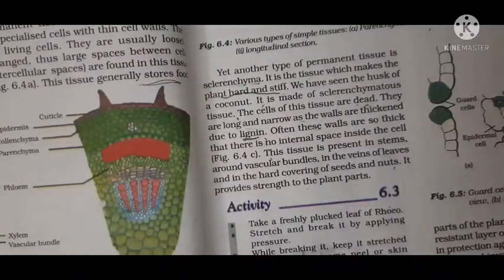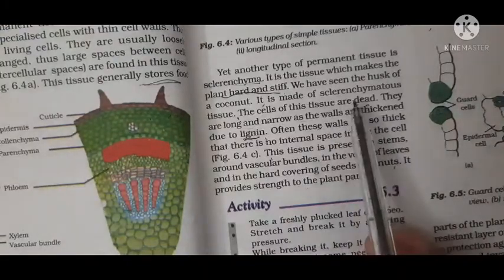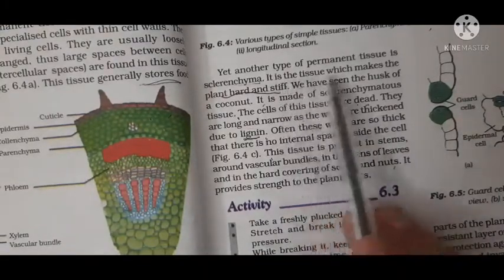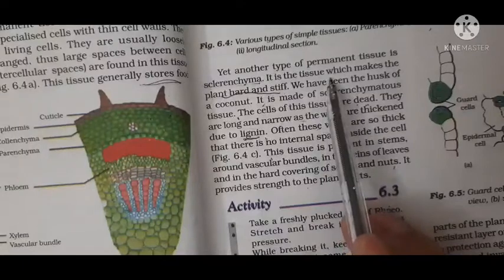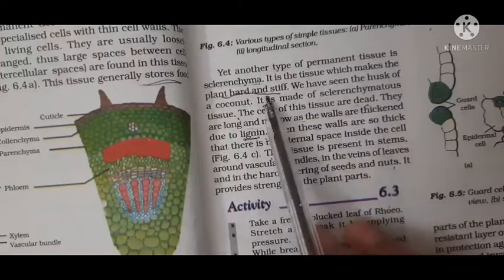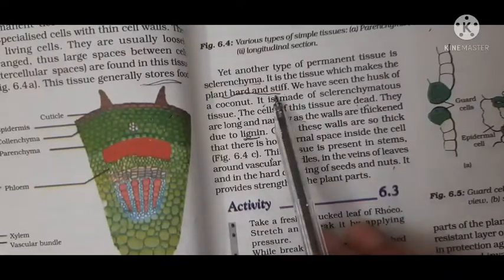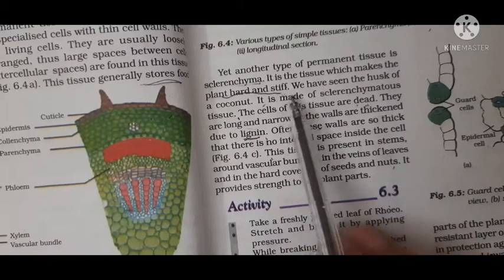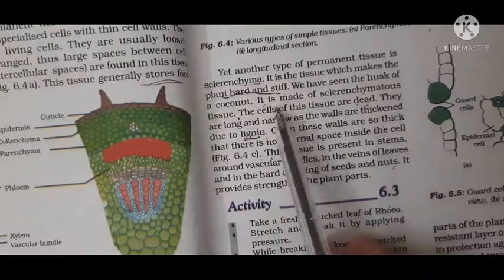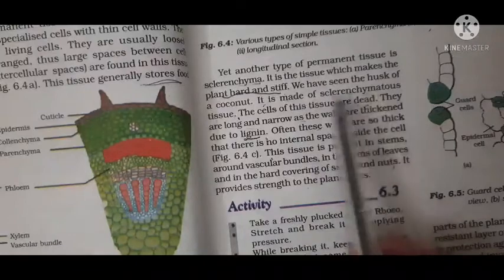So here also you can see sclerenchyma tissue. It is the tissue which makes the plant hard and stiff. So the plant is hard and stiff due to the presence of this tissue, and this is found in the husk of the coconut, which is made of sclerenchymatous tissue.